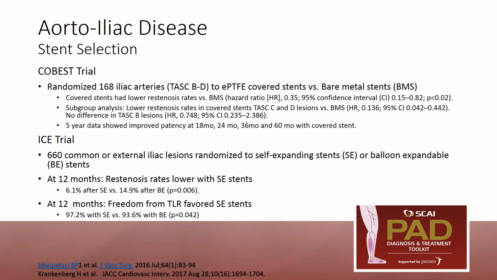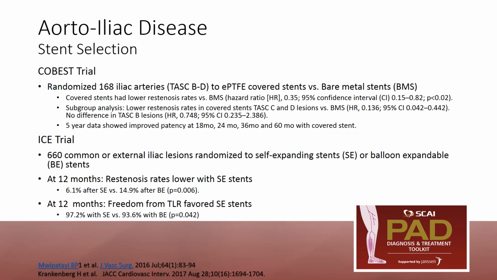Now that may be biased, because if you're putting up a covered stent, you feel more comfortable inflating that stent and leaving a bigger diameter. You feel more confident that if the vessel ruptures, you already have it covered. So this may be biased in that respect. However, clearly there are lower restenosis rates using the covered stents versus the non-covered stents. If you look at 5-year patency rates, it improved at 18 all the way up to 60 months.